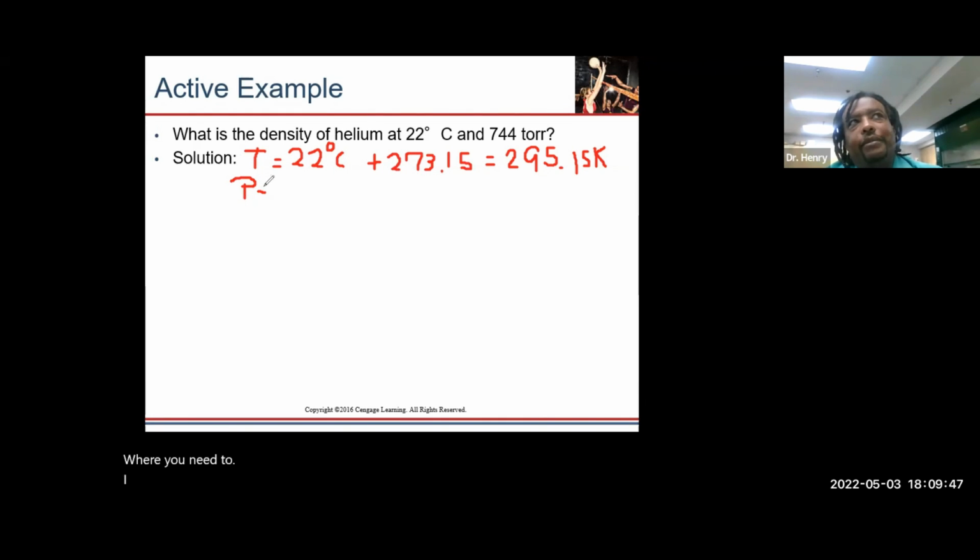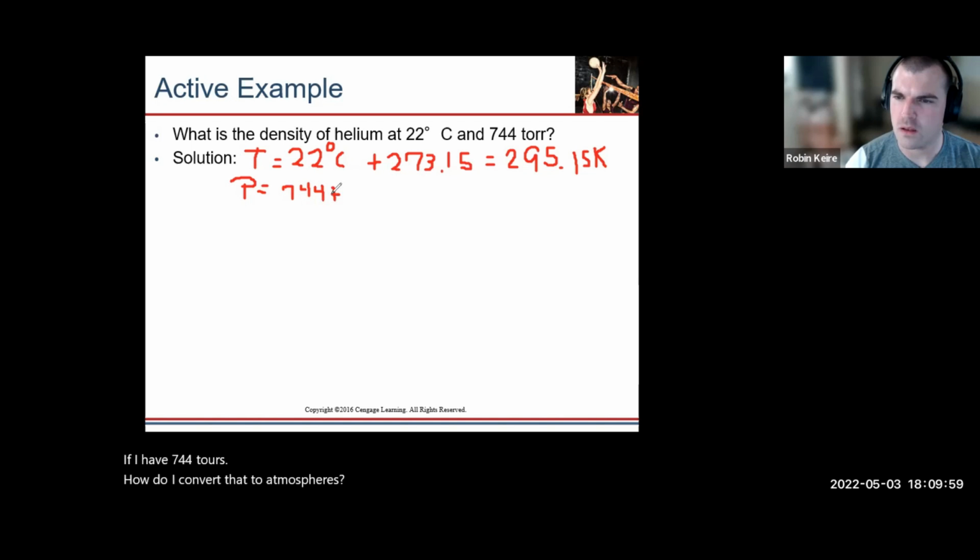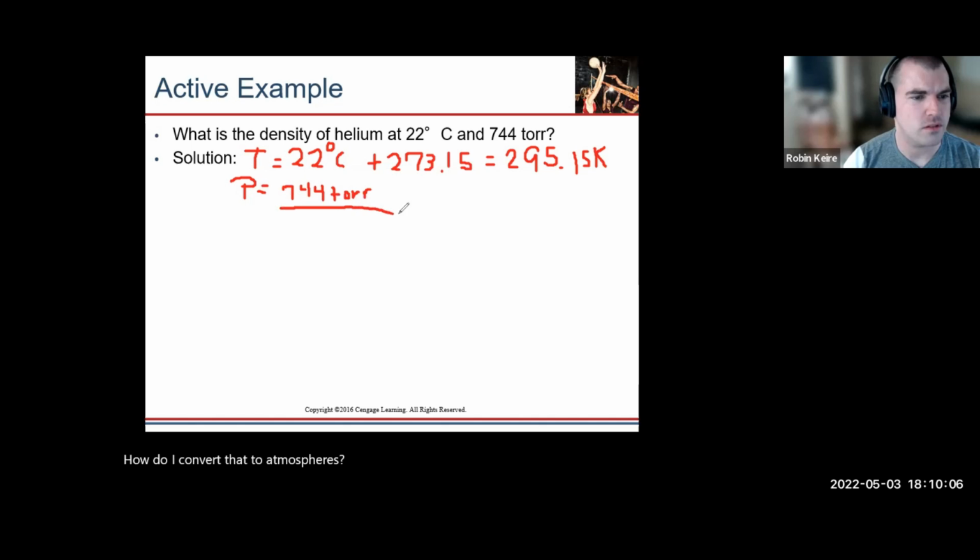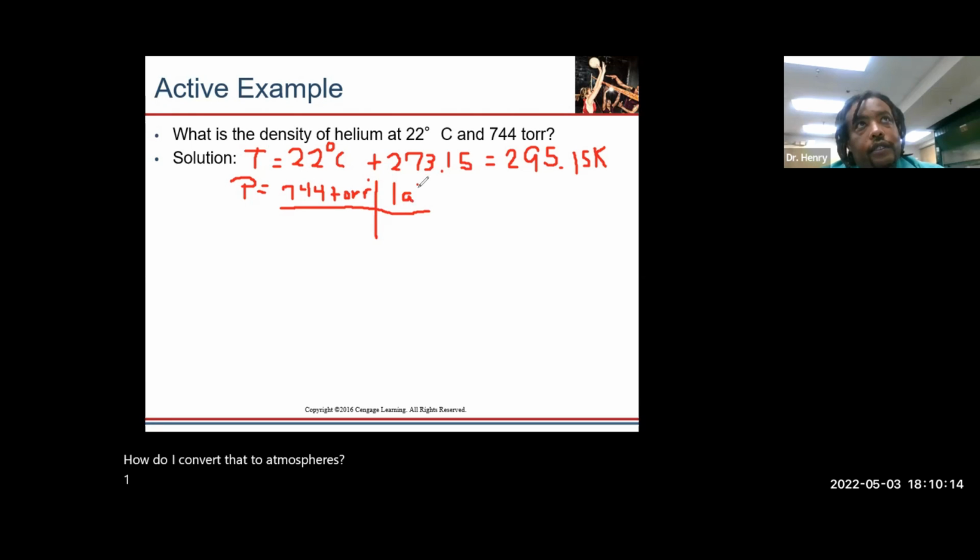So if I have 744 torr, how do I convert that to atmospheres? 1 atmosphere is 760 torr.